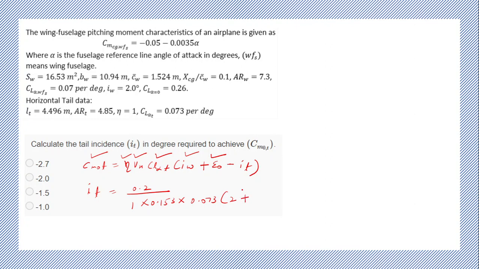Plus epsilon naught was 1.3. Oh, sorry. It was minus I wing minus epsilon naught plus I wing plus epsilon naught. Okay. So what was it? What is this value?